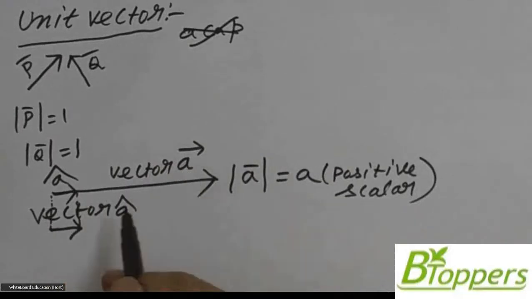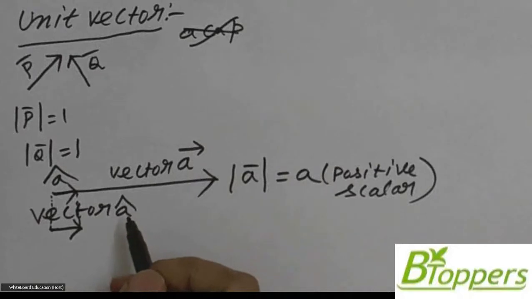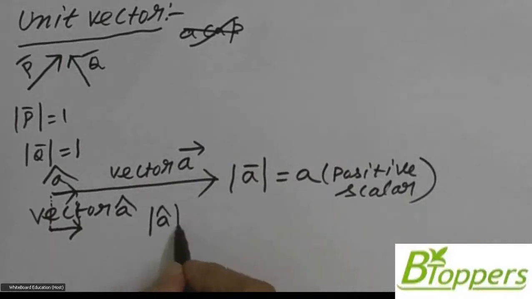In general, if A bar is a vector, then the unit vector which has the same direction as the vector A bar is denoted by this symbol, which we read as A cap. So if A bar is one vector, A cap can be considered as another vector which has the same direction as vector A bar, but the magnitude of vector A cap is equal to 1.